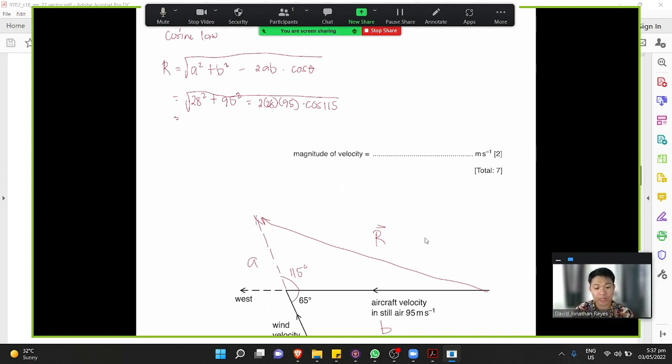Square root of 28 squared plus 95 squared. If you're doing it directly in your calculator, I would suggest you put parentheses so it's not confusing. Then minus 2 times 28 times 95 multiplied by cosine 115.